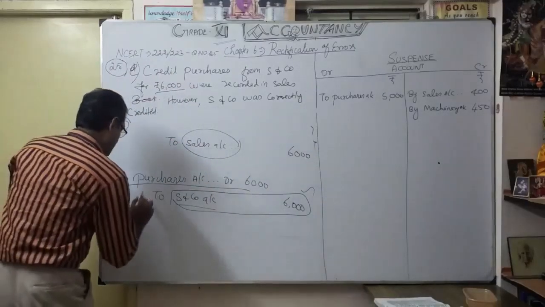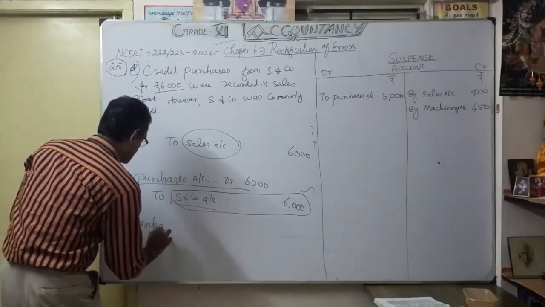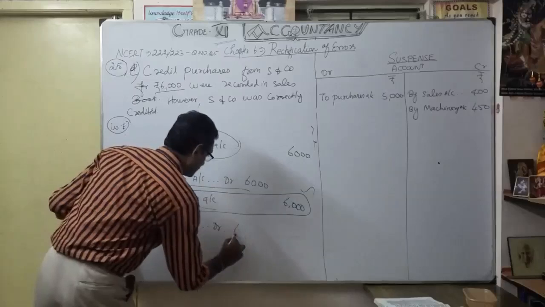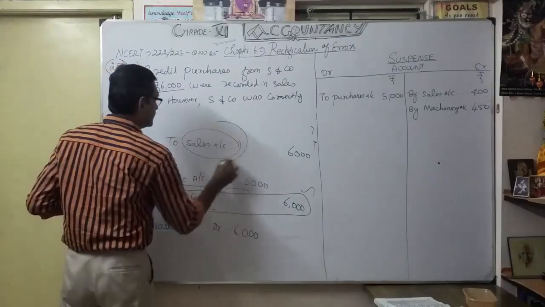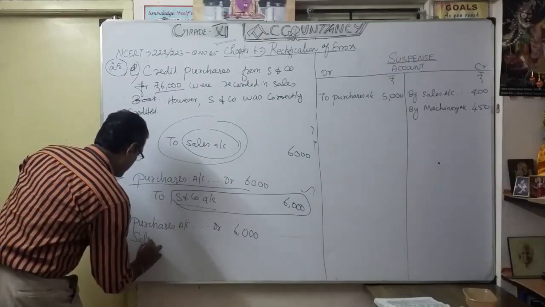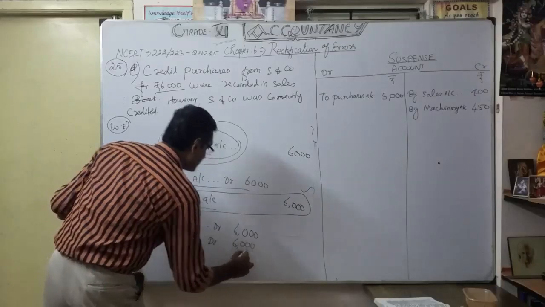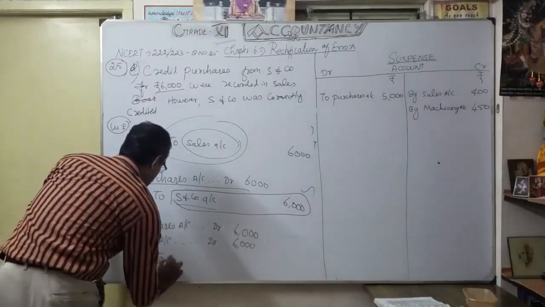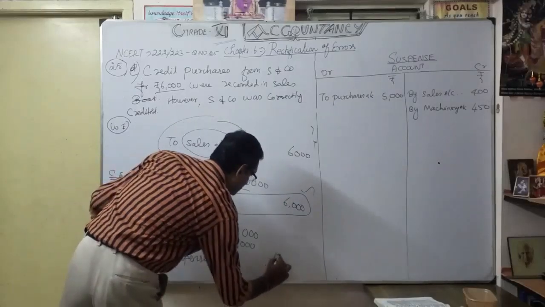Now let's see the rectification entry. First, purchases account debit 6,000, as it was supposed to be debit. Earlier this credit part was wrongly done, and we are going to rectify it. So to sales account 6,000. The credit part was done correctly, so what is the credit part? To suspense account 12,000.